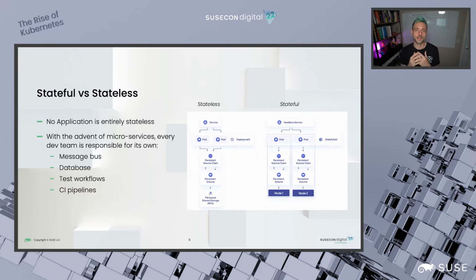Another important difference between stateful pods and stateless pods is that stateful pods have a predictable ordinal number that is going to be incremented every time you create a new pod.